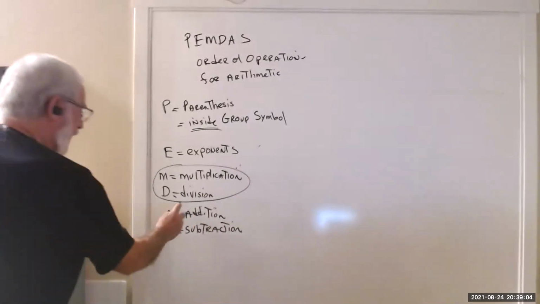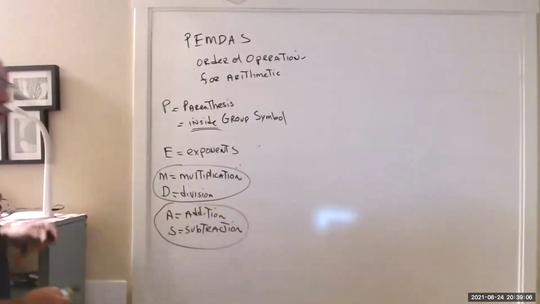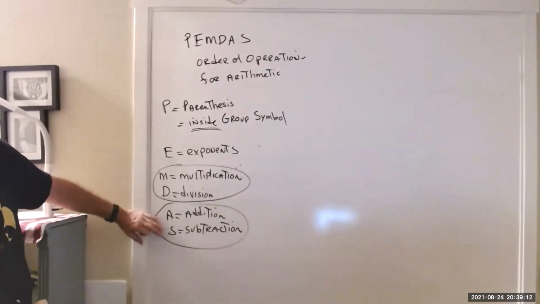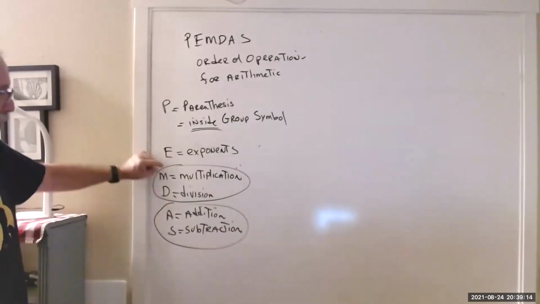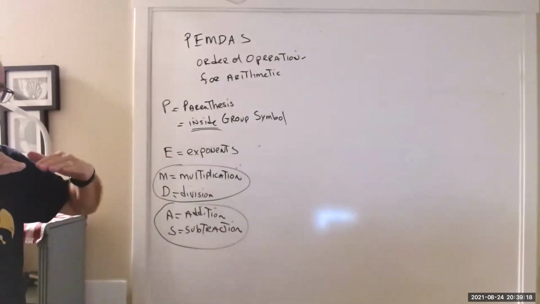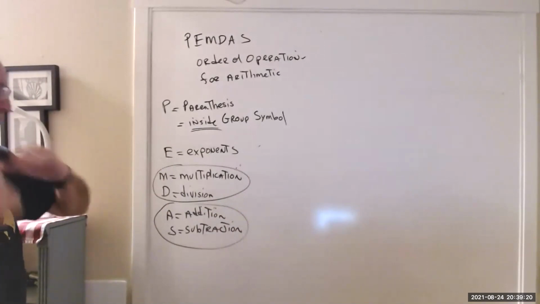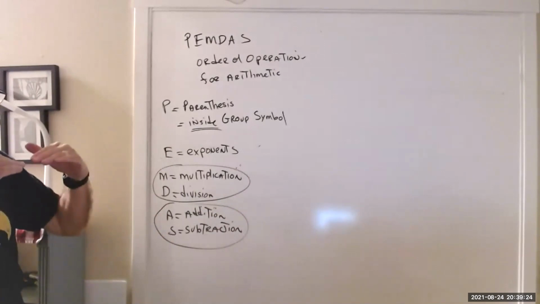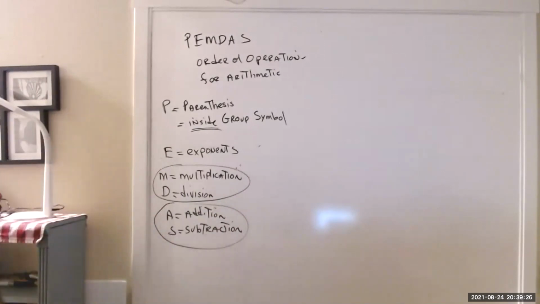And addition and subtraction are of equal power. Now, multiplication and division are more powerful than add or subtract. But together, multiplication is equal to division in terms of power. Same thing with addition and subtraction. They're of equal importance to each other. So we have a rule that we say.